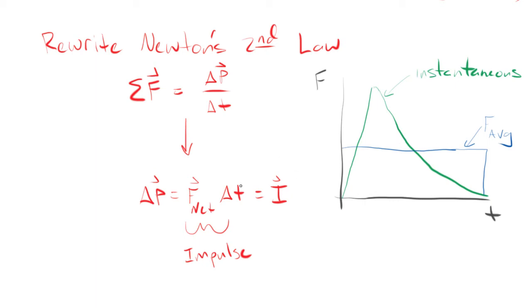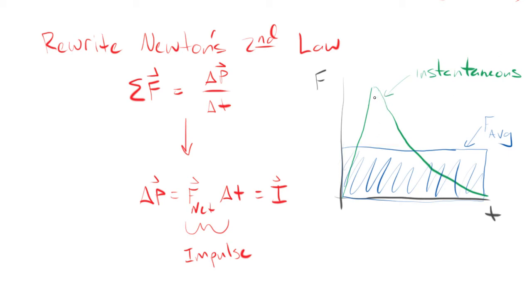And what is this number? What is force average times delta t? Well, force average is the height of this rectangle. Delta t is the width of this rectangle, so that value is just the area of this rectangle. Right? So that's exactly the same thing.